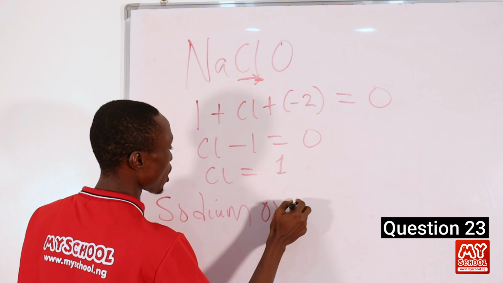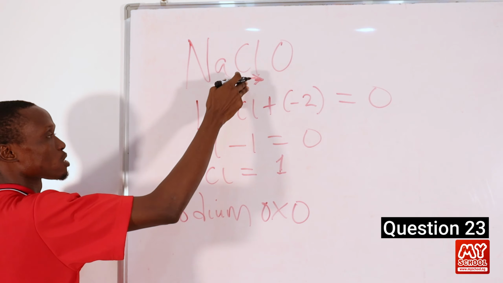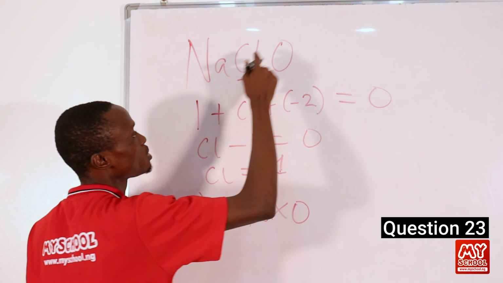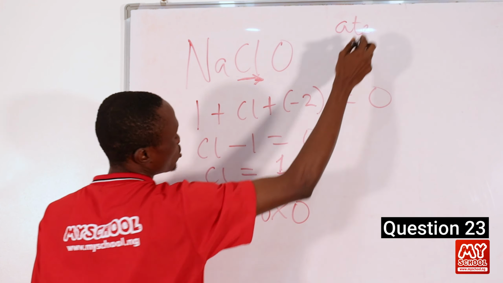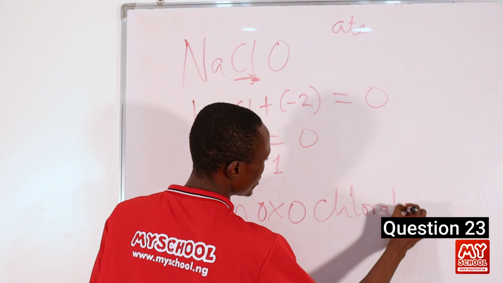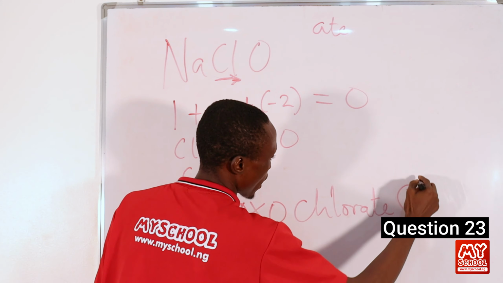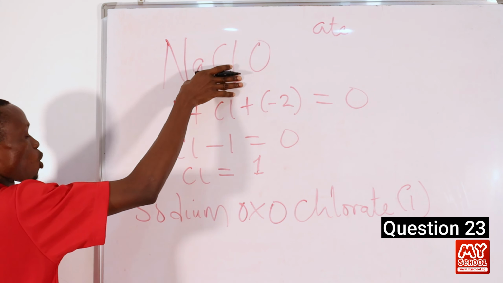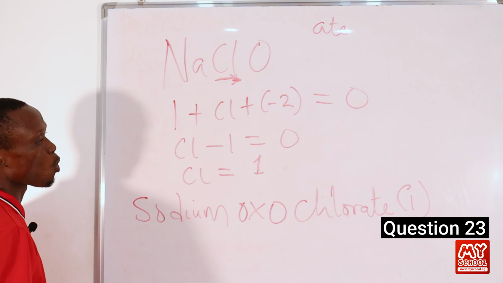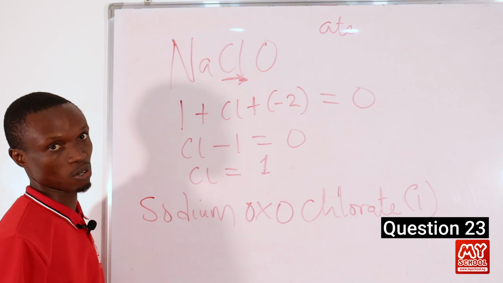Then the next one is chlorine, but in this case your chlorine will end with -ate, so it becomes chlorate. Then you indicate the oxidation number of chlorine, which is 1. So this compound is actually sodium oxochlorate(I).